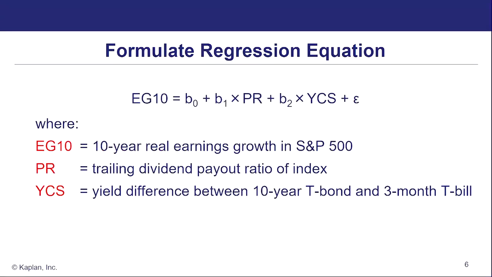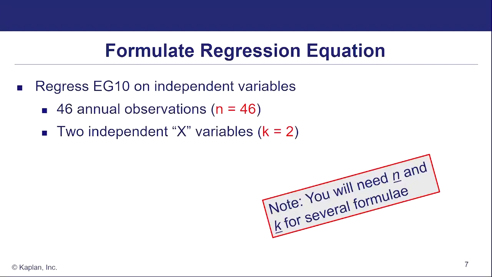All right, so here is my model. The real earnings growth rate is simply a function of PR, which is your variable 1, and YCS, that's your variable 2, with their corresponding slope coefficients. These need to be estimated. All right, so in the study, Arnold and Asnes used a sample of 46 observations.